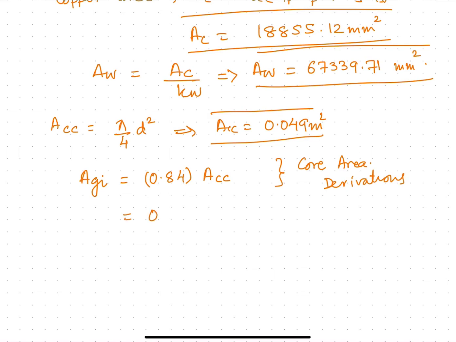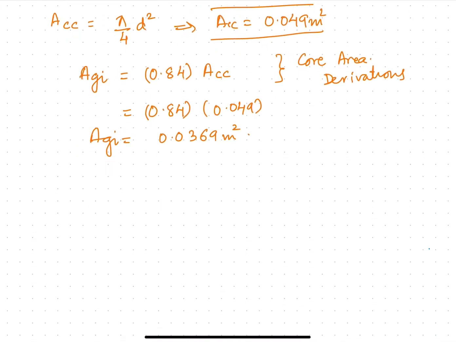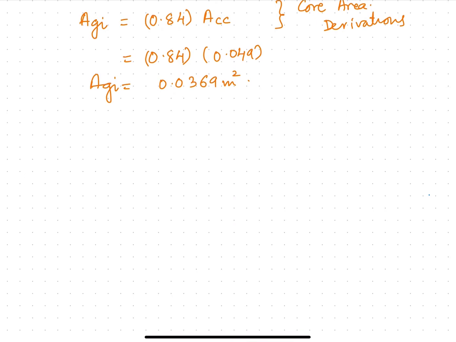So when you substitute these values, you get this gross iron area AGI equal to 0.0369 meters squared. Okay, we are given the leg spacing D, it is 0.45 meter, and we also know that this D is equal to width of the window plus the diameter of the circumscribing circle.